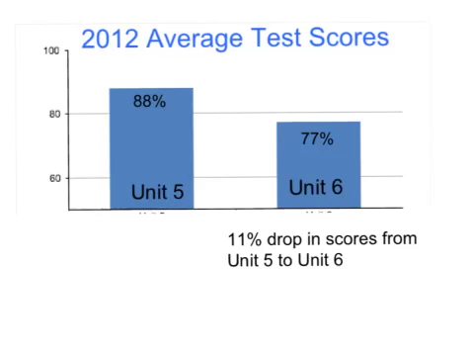Unit 6 is always a little bit frightening for us as teachers, because this is what we typically see. Last year, if you look at the test scores from Unit 5 to Unit 6, an 11% drop in scores because of the complexity and rigor of Unit 6.